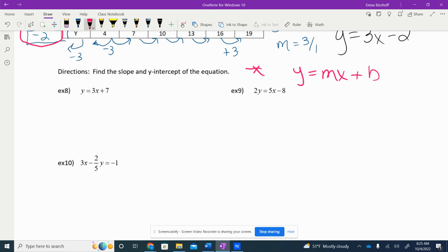So for our first example, can we identify the slope and the y-intercept? Yes, what is my slope? 3, because that's the number attached to my x. And what is my y-intercept? 7. Notice that every time we write down the slope, do we ever put the x with it? No, x is a coordinate for the ordered pairs. X is not part of your slope.